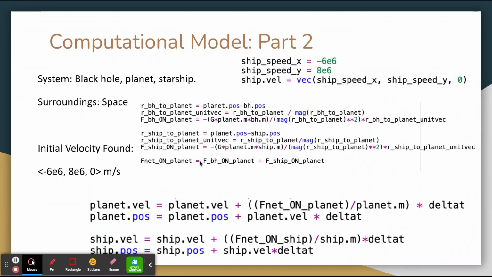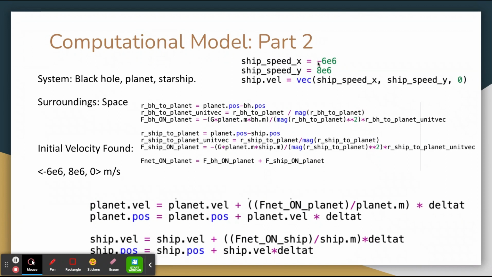For example, this is the one we did for the planet. We had to find the force on the planet by the black hole and on the planet by the ship, and we added them all together. We repeated the same thing for the black hole and the starship. Then to find the position and velocity of our planet and ship, we used Newton's second law, with this equation right here.